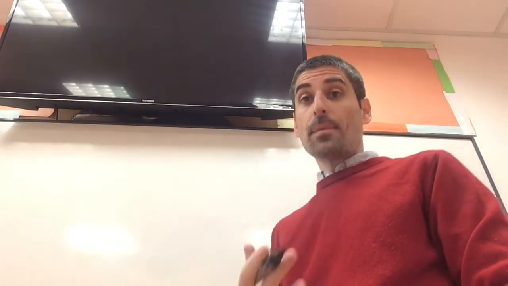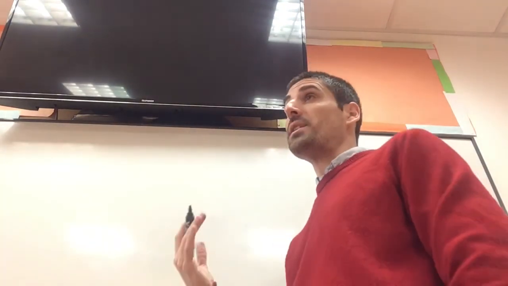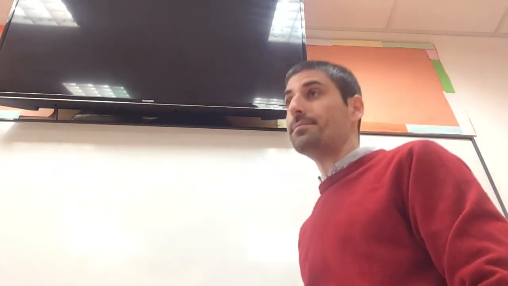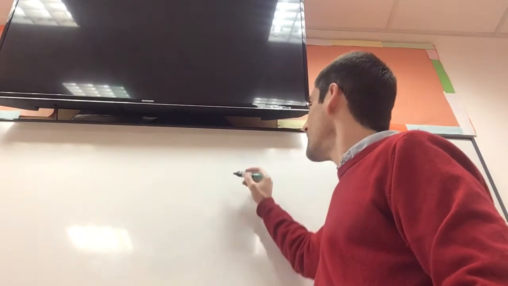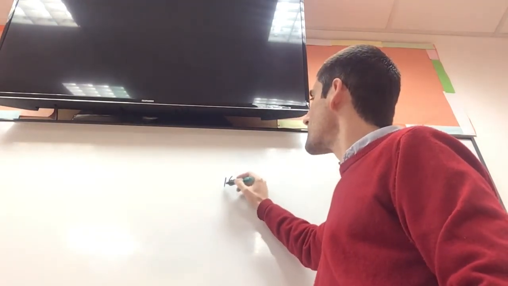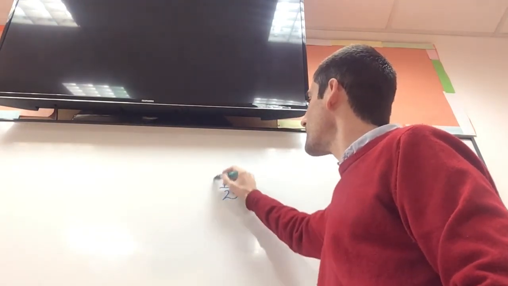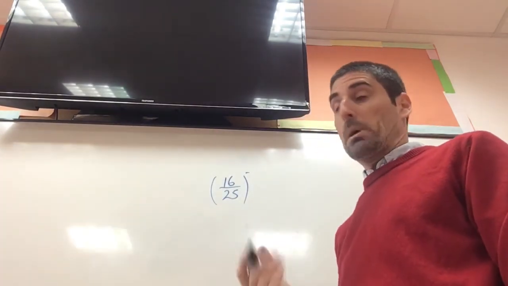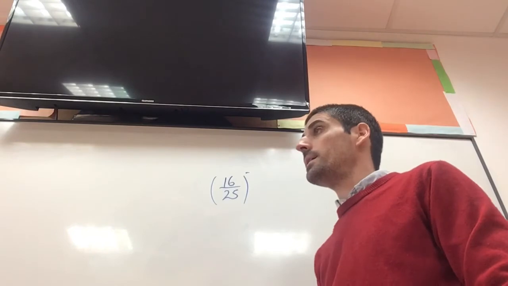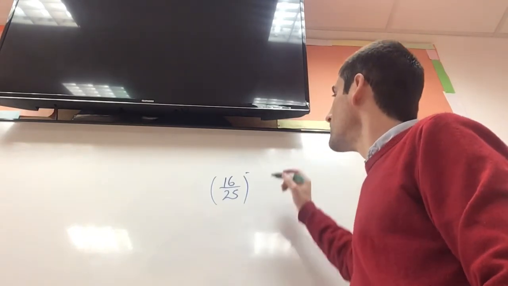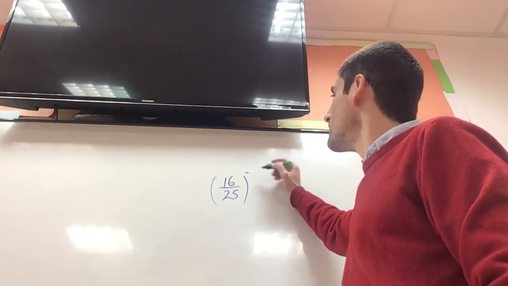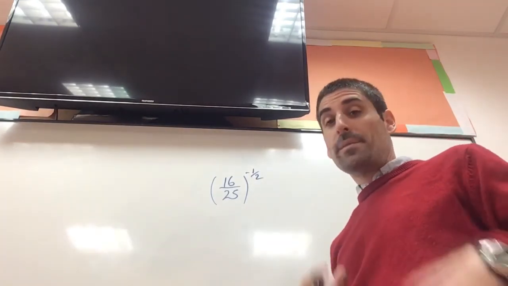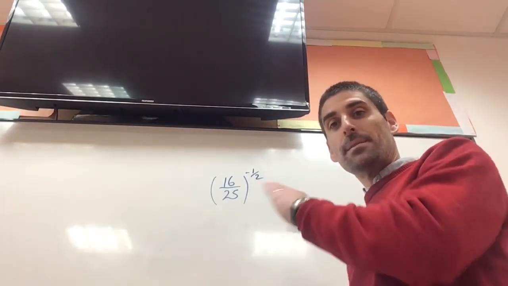And finally, what if I got a fraction raised to a negative fraction, putting it all together? So what if I've got 16 over 25 to the power minus, let's keep it simple, 1/2. Well, the first thing you need to deal with is the negative sign of the index.